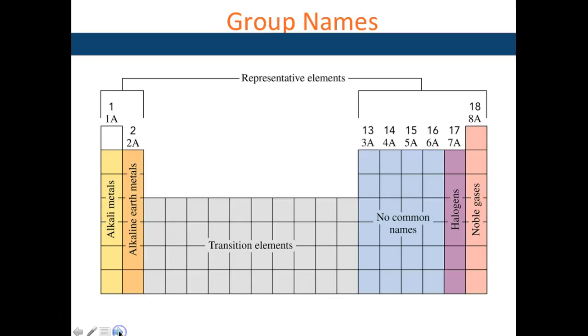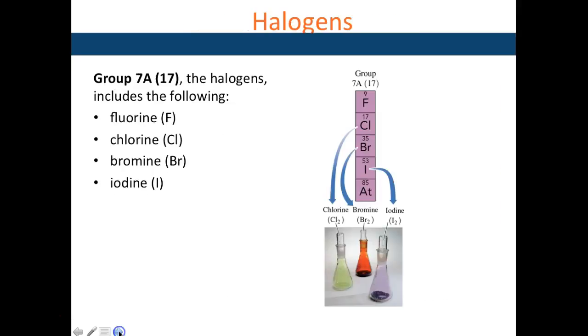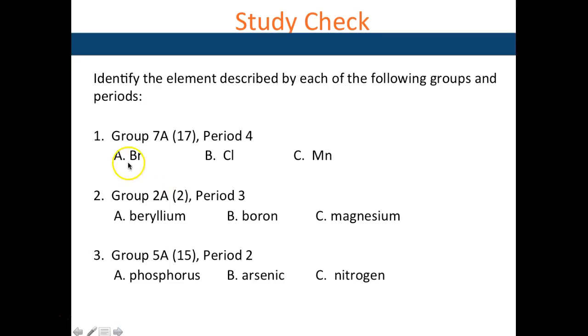Okay, so it would be A. Group 2A, but period 3.